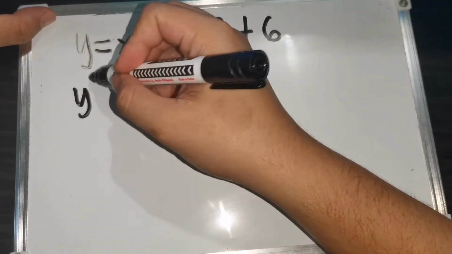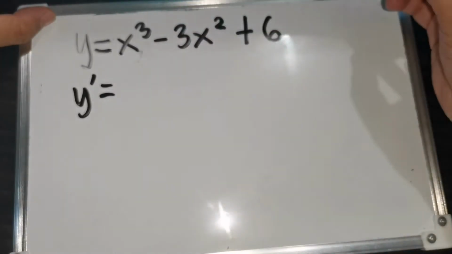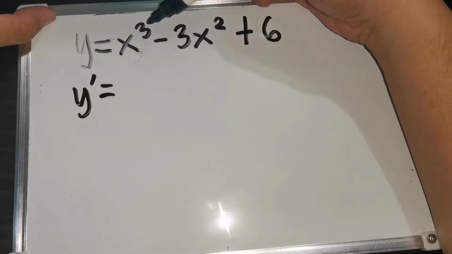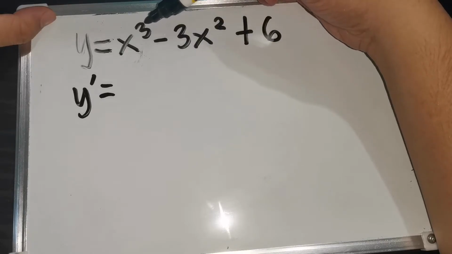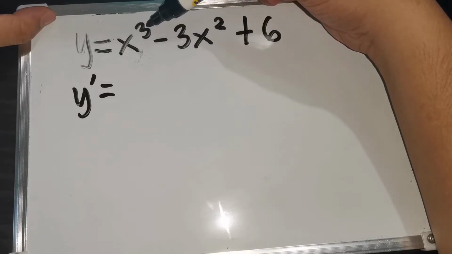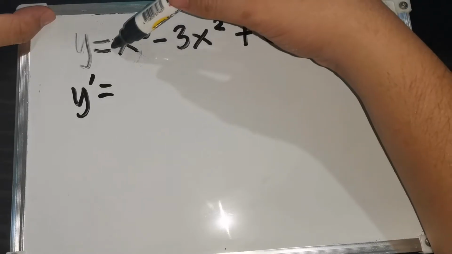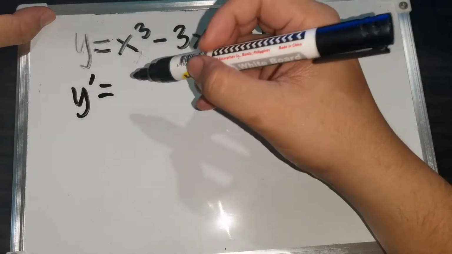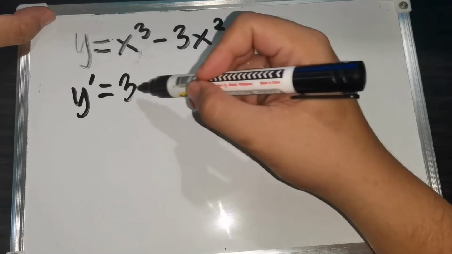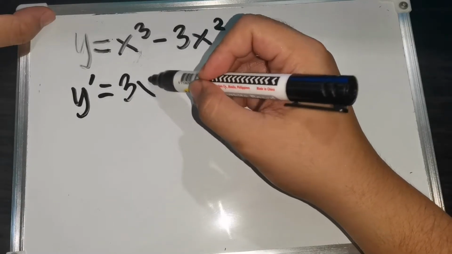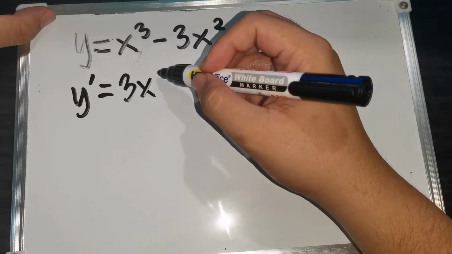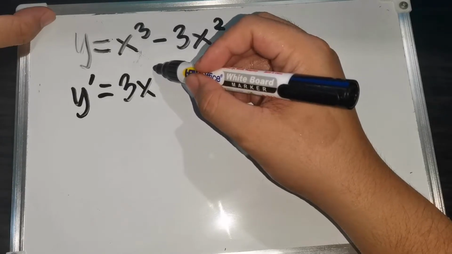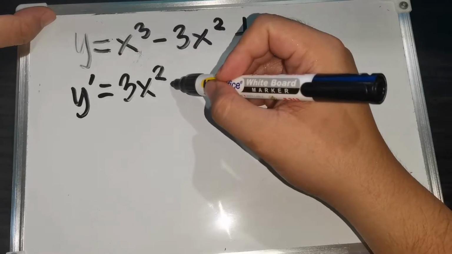So your y prime now is equal to, what will be the derivative of your x cubed? Your exponent here will be multiplied to your numerical coefficient here, so that will be equal to 3. We copy your variable x, then we subtract 1 to your exponent. So that will be 3 minus 1 or equal to 2.